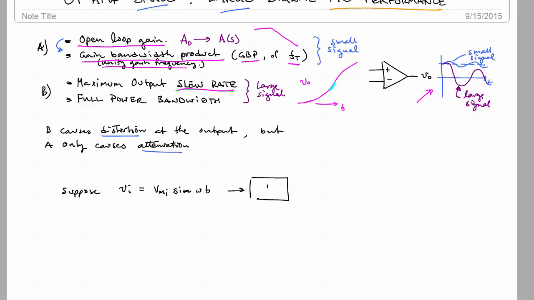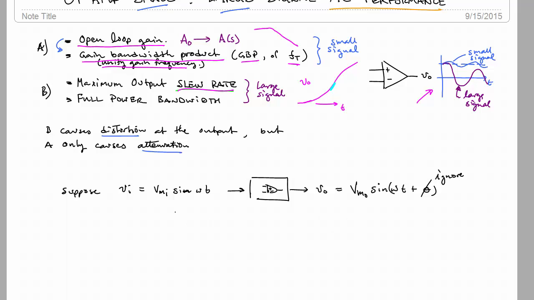It could be an inverting, non-inverting, difference amp, whatever. And what comes out is VO equal to VMO, the output magnitude, times sine omega t. Now it could have some phase, but we're going to ignore that because it's irrelevant for what we're looking at.